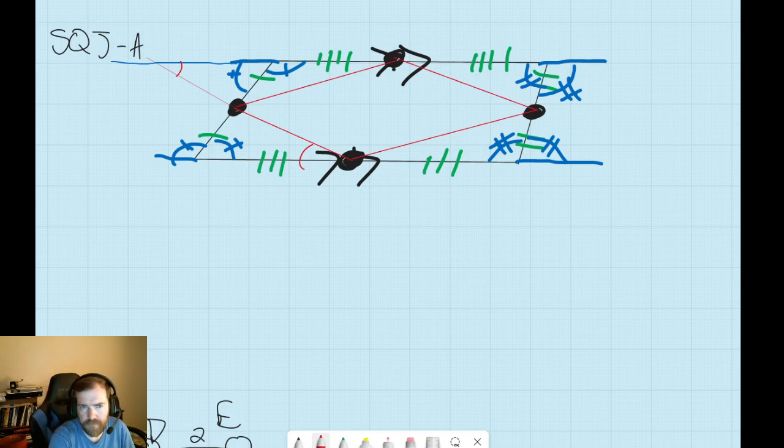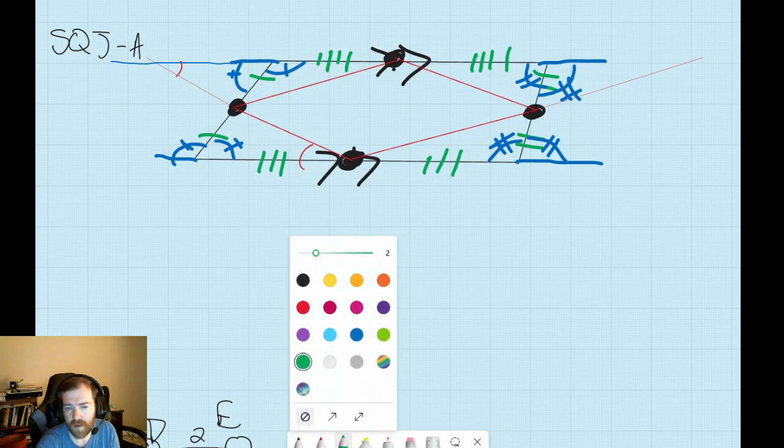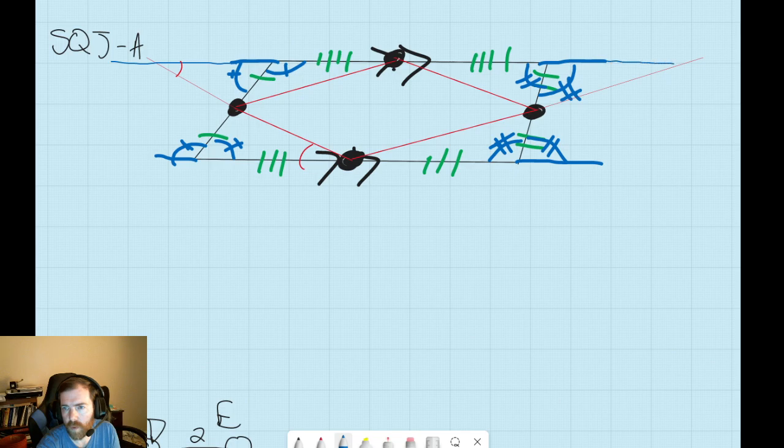Okay. So if we extend this out, if we extend all four of these sides, or the diagonals out, which, I mean, they're not diagonals, they're the connections between the adjacent midpoints.